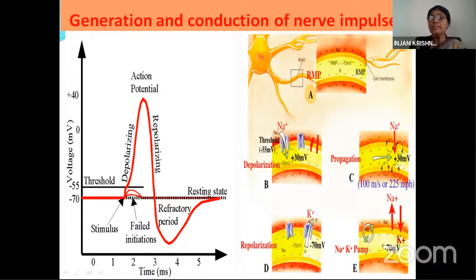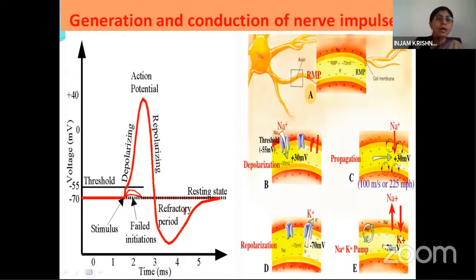After reaching minus 70 millivolts, the sodium-potassium pump and leakage channels take over, because they have to maintain the stable condition inside the membrane, that is, minus 70 millivolts. These two channels' duty is maintenance of the resting membrane potential.